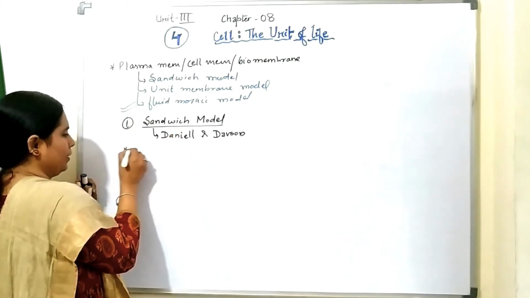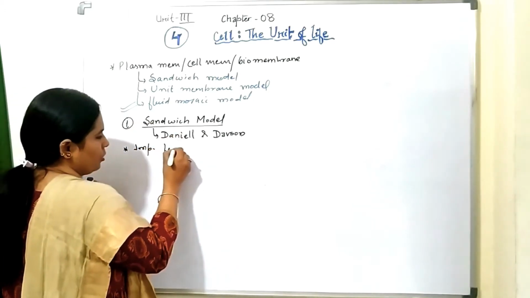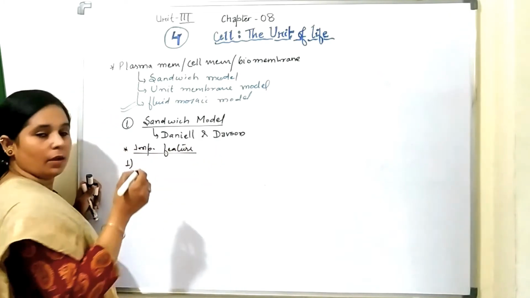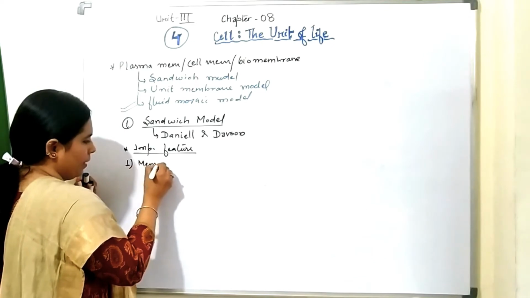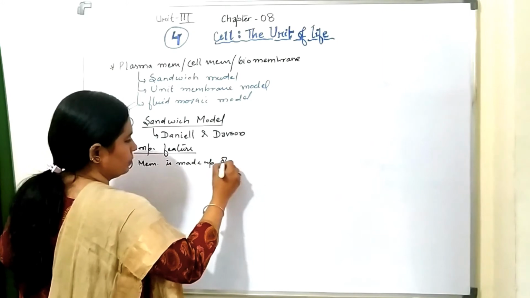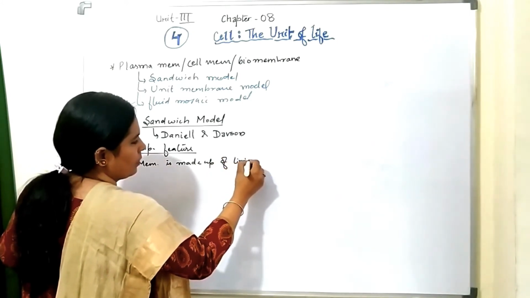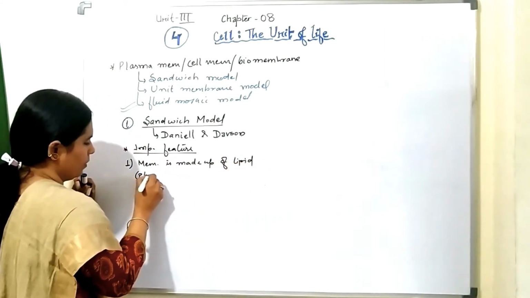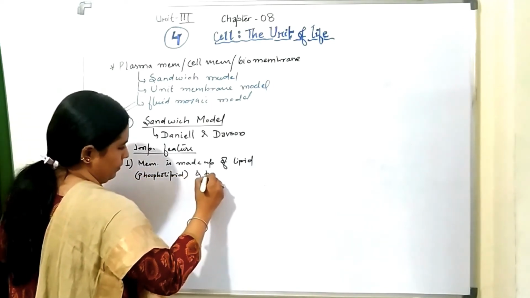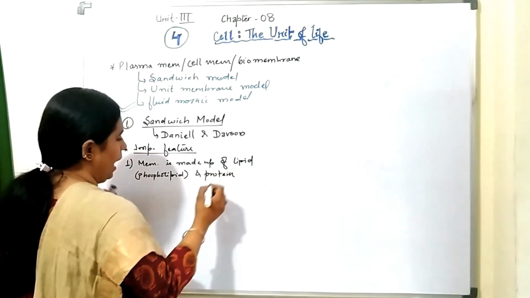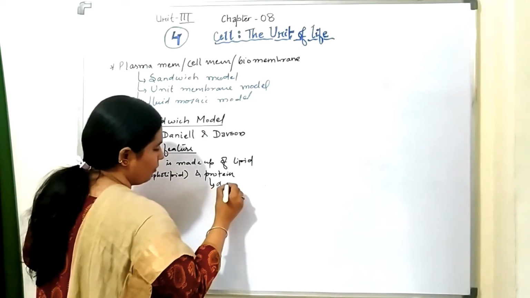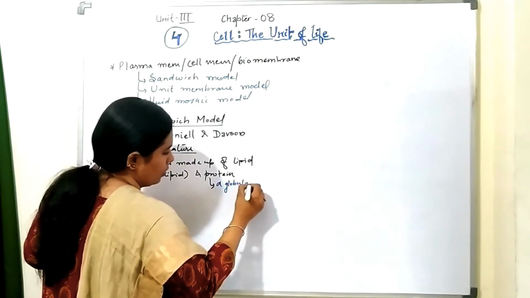The important feature of this model is, number 1, the membrane is made up of lipid, that is phospholipid, and protein. Fine. And the protein is alpha globular protein.